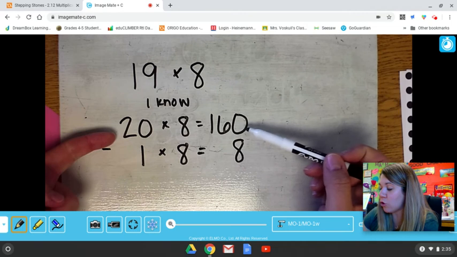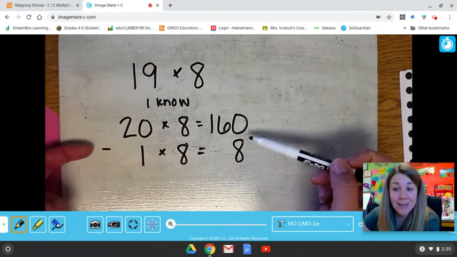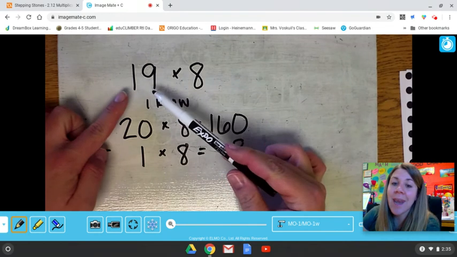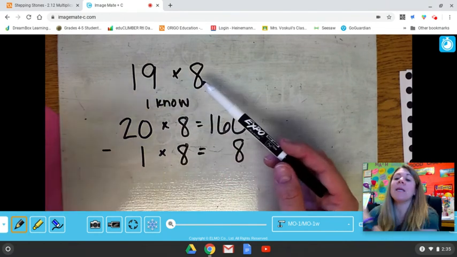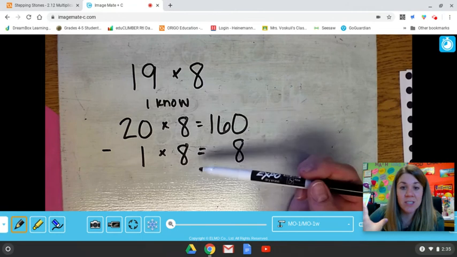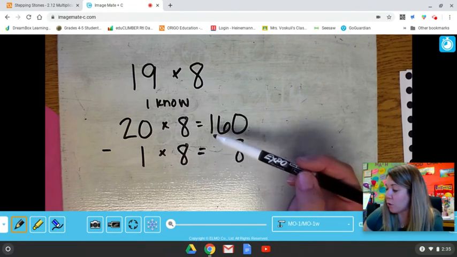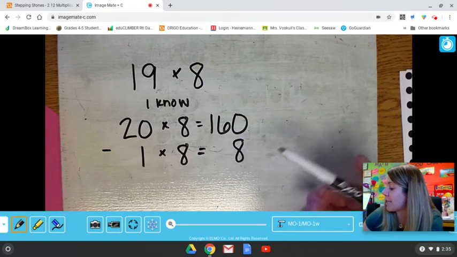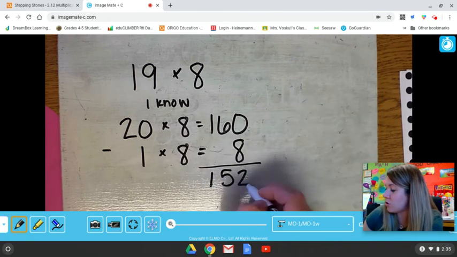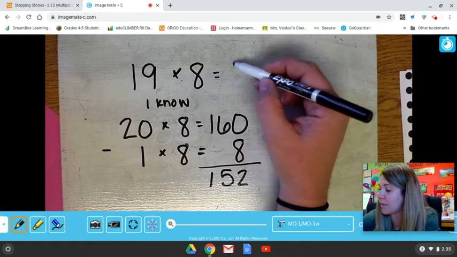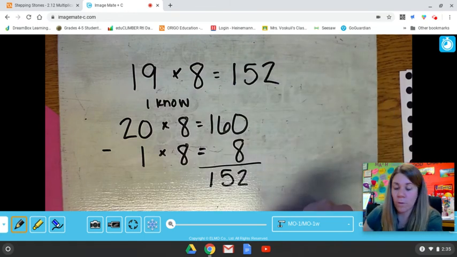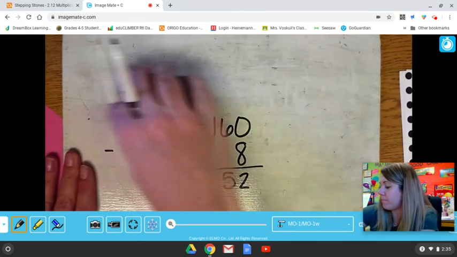It's basically like I have 20 groups of 8 and I'm subtracting one group of 8 to get me back to 19 groups of 8. I'm going to keep repeating that language, but I hope it's helping you visualize what we're doing here. So 160 minus 8 is 152. So 19 times 8 is 152. Okay?